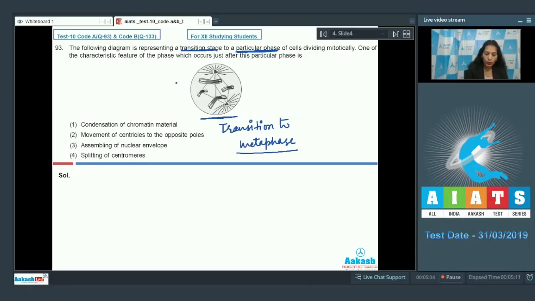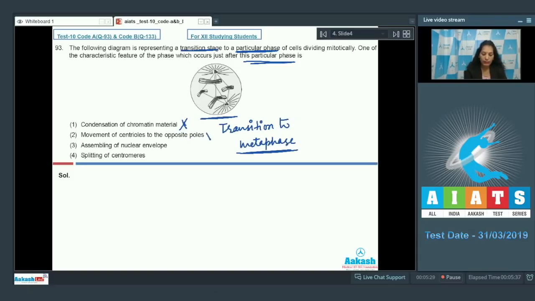Now, one of the characteristic features of the phase which occurs just after this phase means the feature which occurs in anaphase, because anaphase occurs just after the metaphase. So you have to choose the correct option regarding the anaphase. First is condensation of chromatin material. No, it happens in the prophase and not in the anaphase.